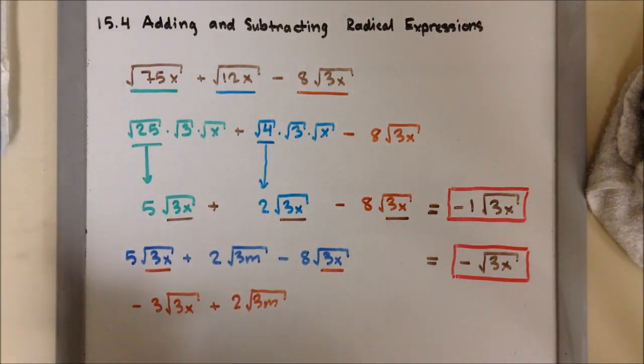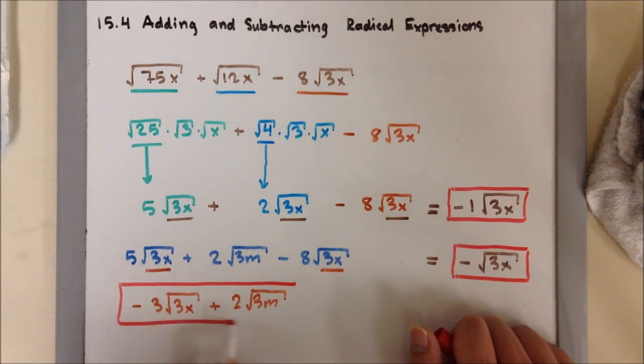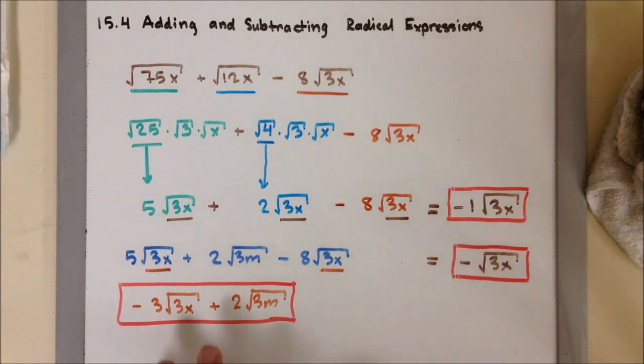So this will be our final answer. So it's okay if you don't have like radicals, just combine the ones that you can and then bring down the ones you cannot, and make sure you have your answer in this format. Negative 3 square root of 3x plus 2 square root of 3m. Just make sure that you have it in your final answer.